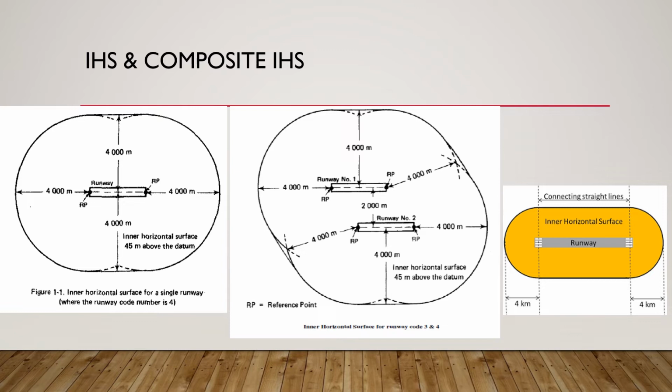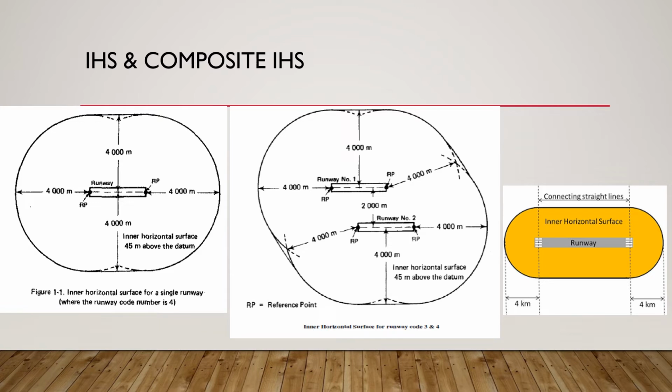From there, we draw circular arcs of 4000 meters and join them tangentially to form an elliptical surface. This is for a single runway where the code element is 4, that is, where the reference field length of the aircraft is more than 1800 meters.